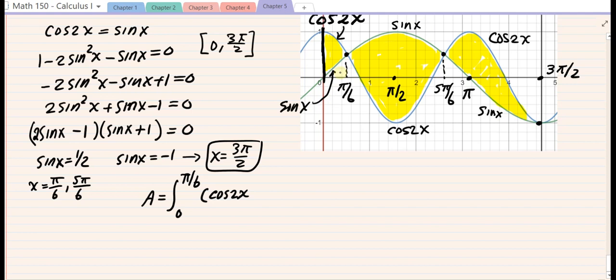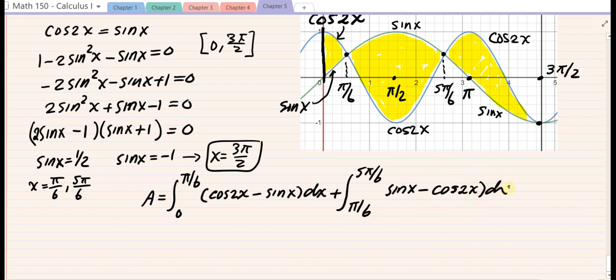Okay, so upper minus lower function, that's cosine 2x minus sine x dx, plus the integral from pi over 6 to 5 pi over 6, right? This time the higher function, the upper function, minus the lower function. That's going to be cosine of 2x dx.